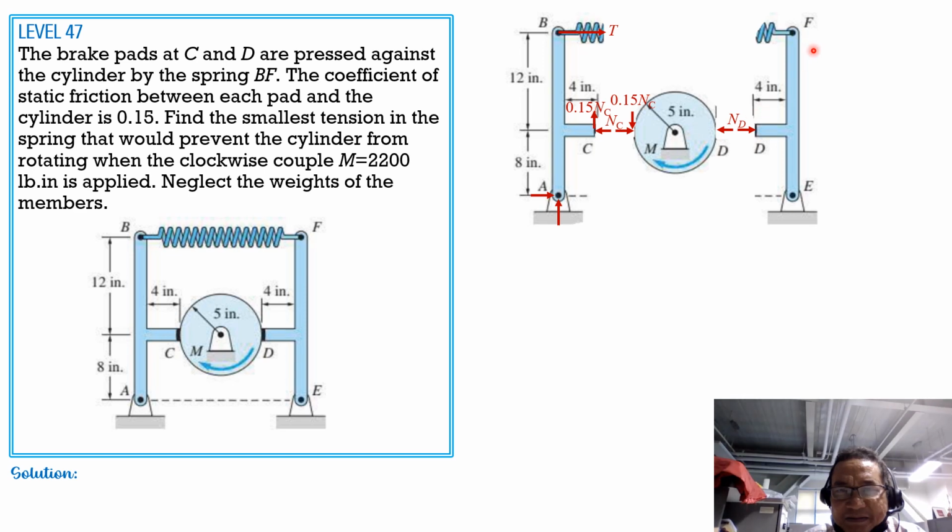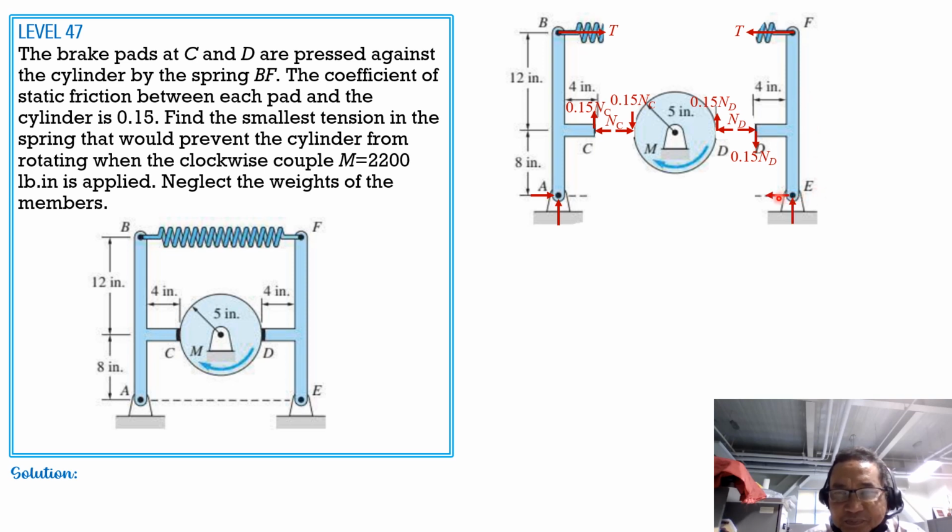Then friction opposite to moment, so it is upward here, 0.15 of ND, downward here. Then the tension is still T, then we have reactions at E.